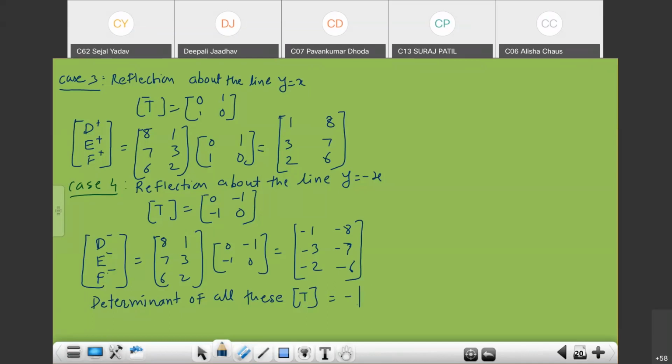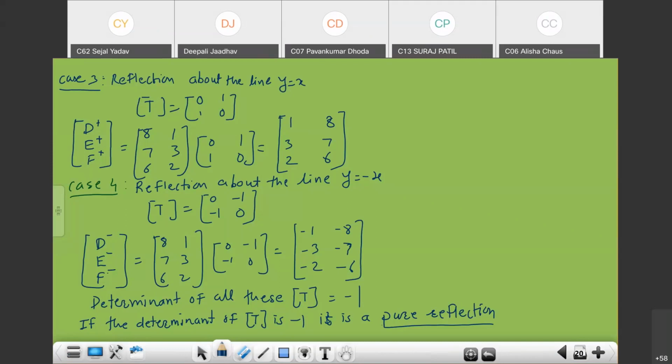If the determinant of the transformation matrix T is minus 1, then it is a pure reflection. Means if the determinant is plus 1, then that is a pure rotation. If the determinant is minus 1, then that is a pure reflection.